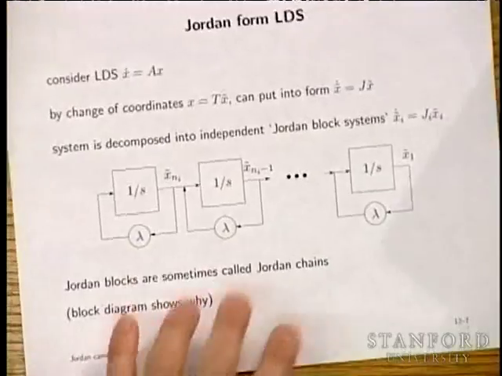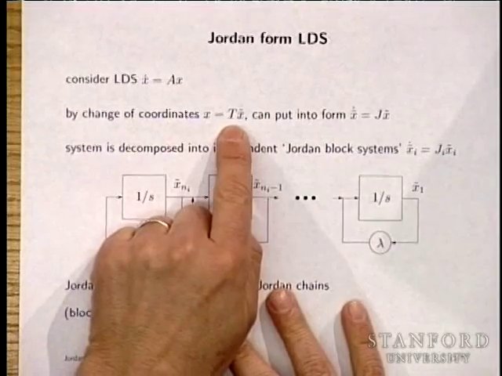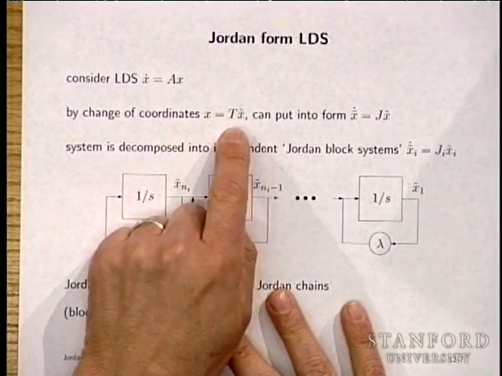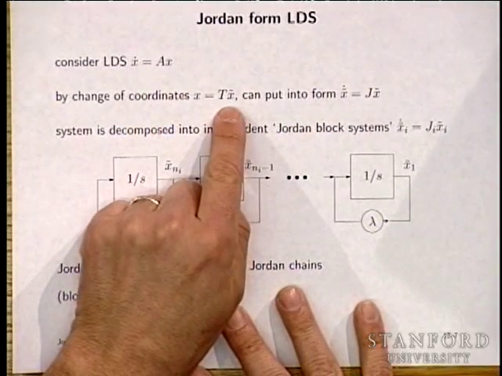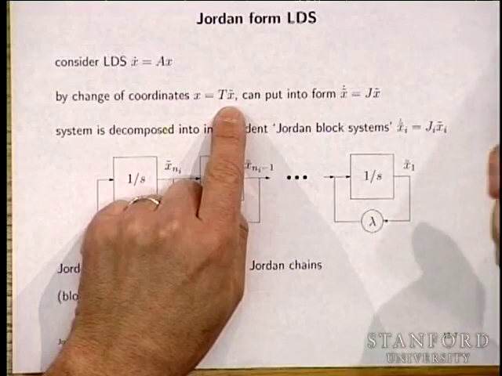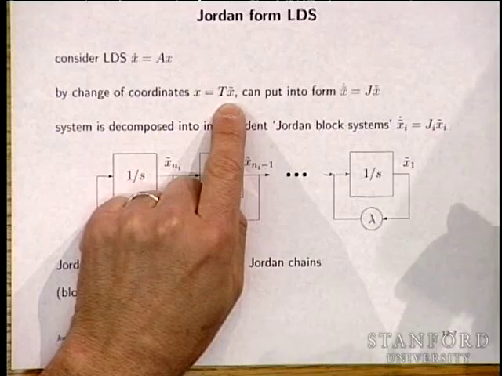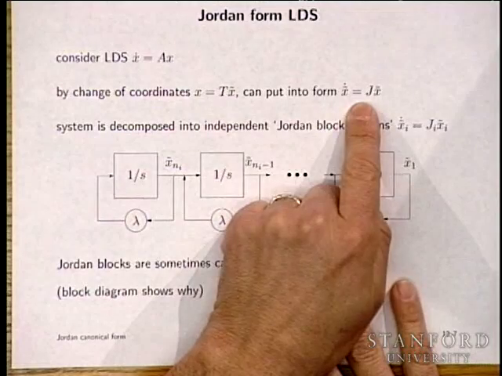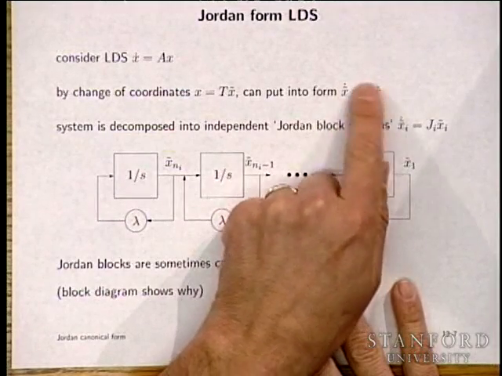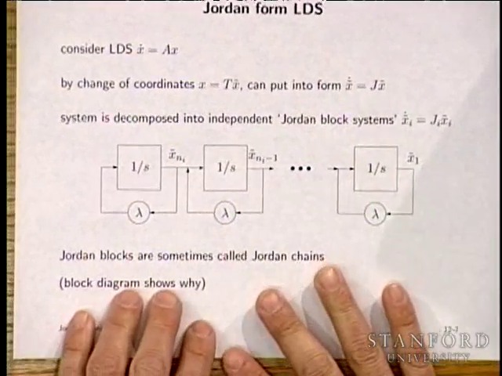Now, if you have x dot is Ax, and you put a change of coordinates, if you put it in Jordan block form, basically that splits the dynamics into, I guess, k separate independent blocks. Each one is a Jordan block. Now, you should have an overwhelming urge to draw a block diagram of a Jordan block system.